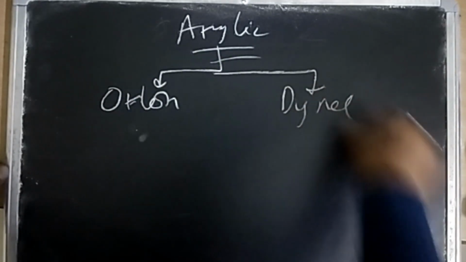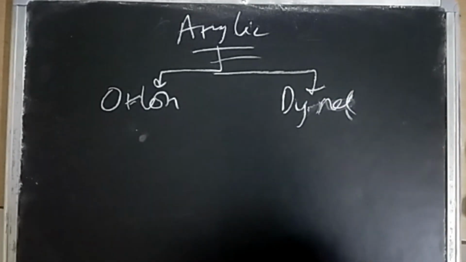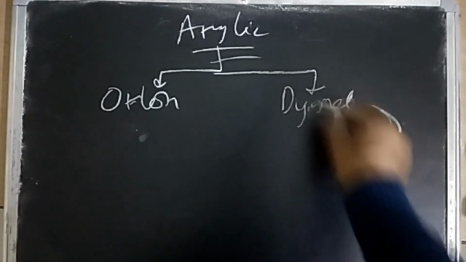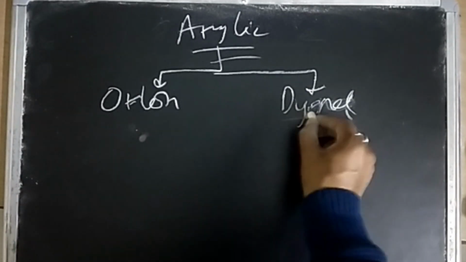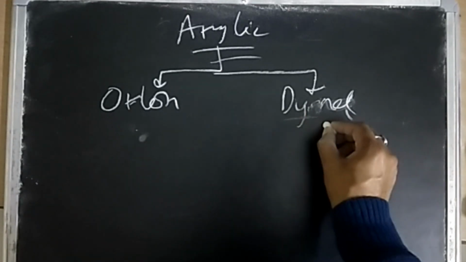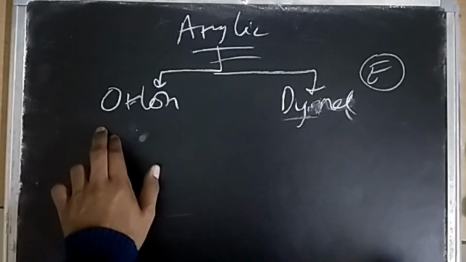Next we move to Orlon. We move to acrylic. Here we have two things, Orlon and Dynel. Dynel is made by emulsion polymerization, while Orlon is created by suspension polymerization.